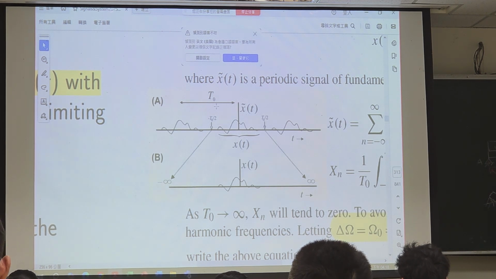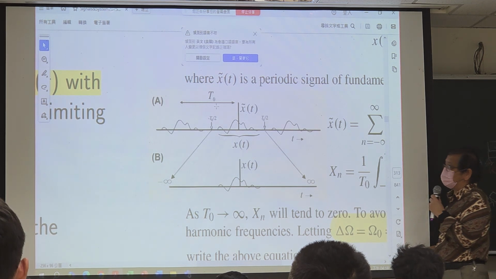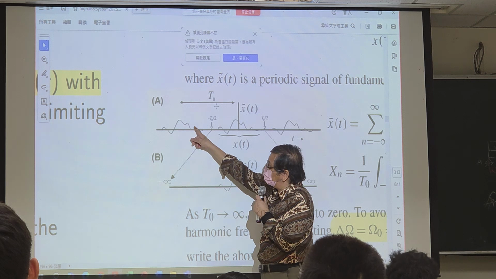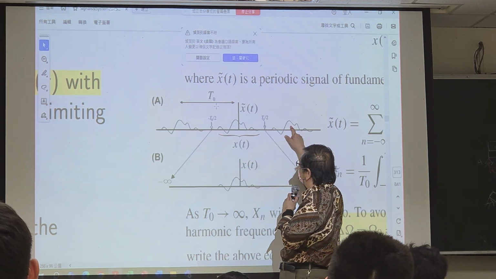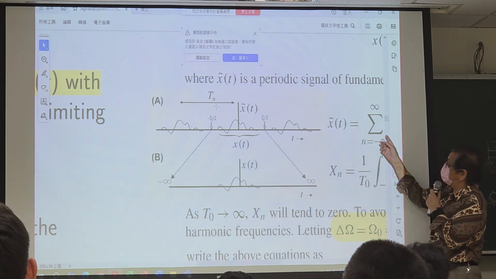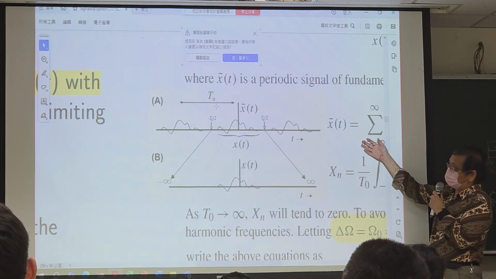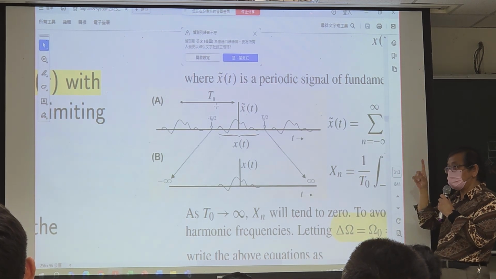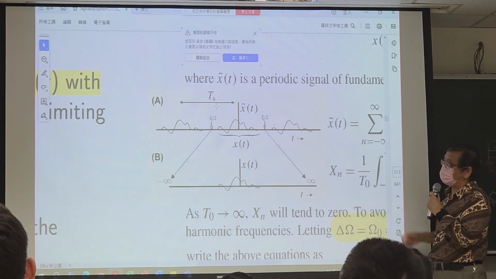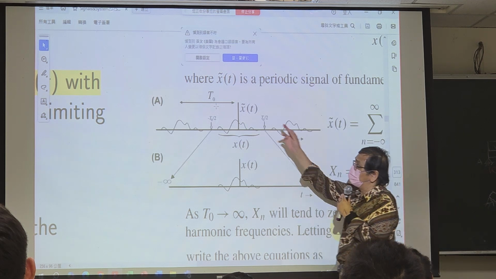Okay, so let me repeat that again. The Fourier series expansion initially is for a periodic function. The period is t sub 0. So that we have a Fourier series expansion. The basic assumption is the function is a periodic function, and the period is t sub 0.